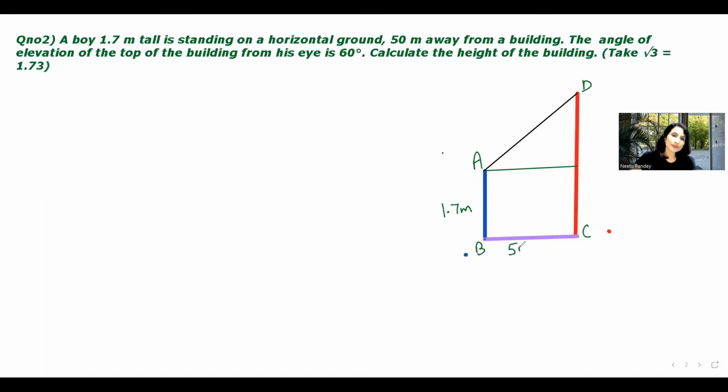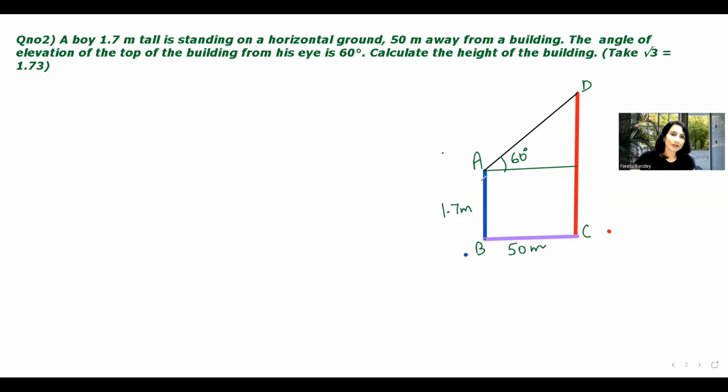Distance between them is 50 meters. Angle of elevation of the top of the building from his eye. So the boy is standing here, his eye will be here. So the angle of elevation of the top of the building, that is how much? 60 degrees. You have to find the height of the building.